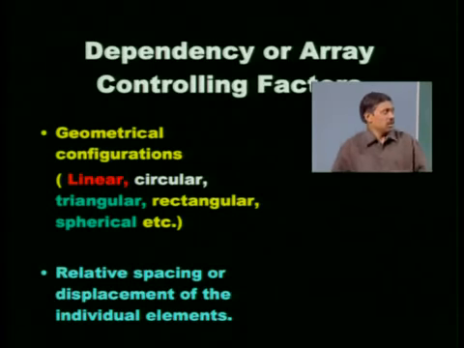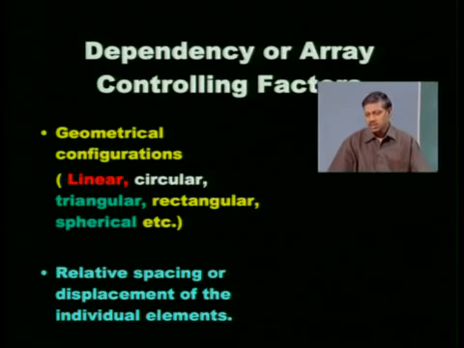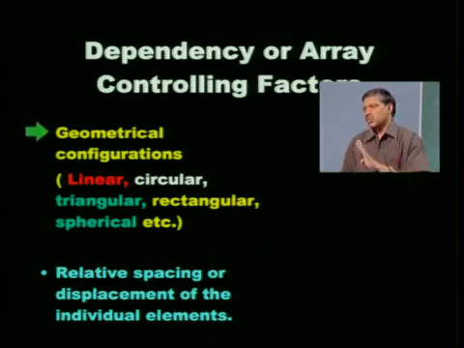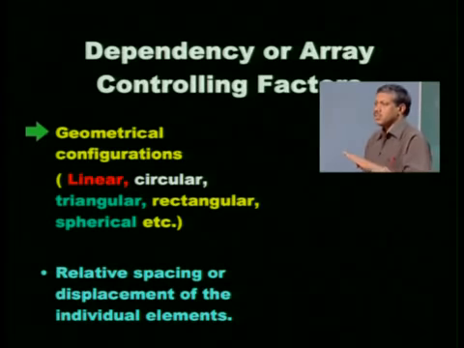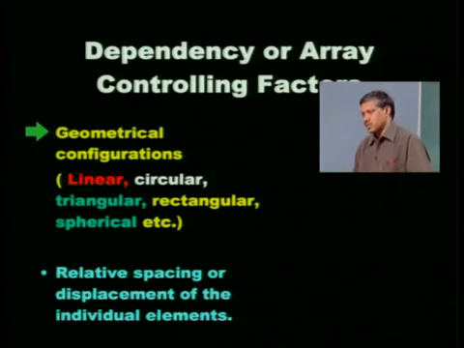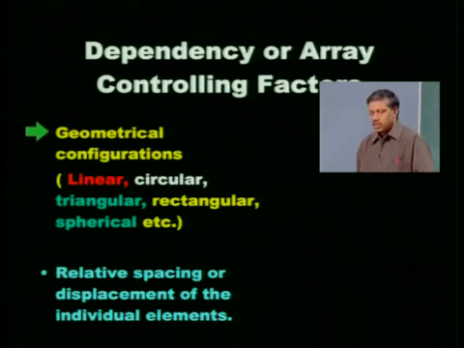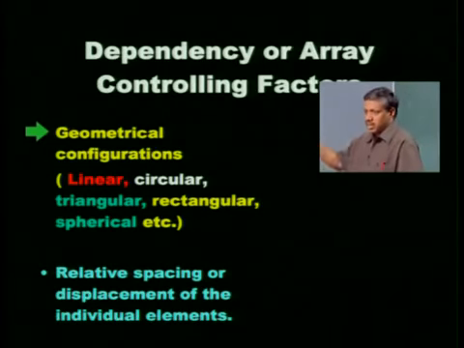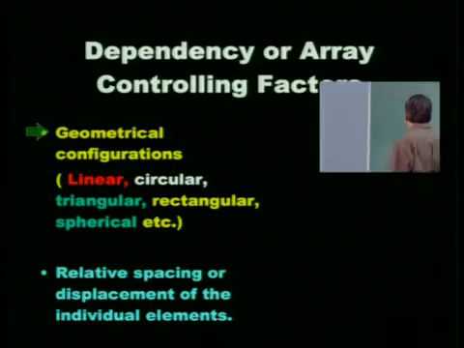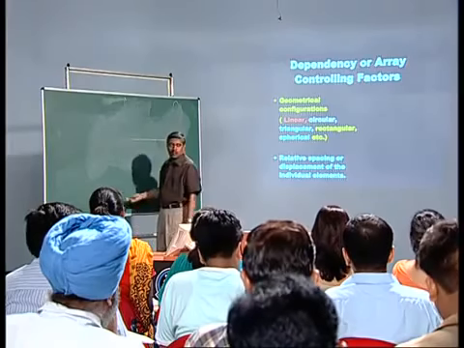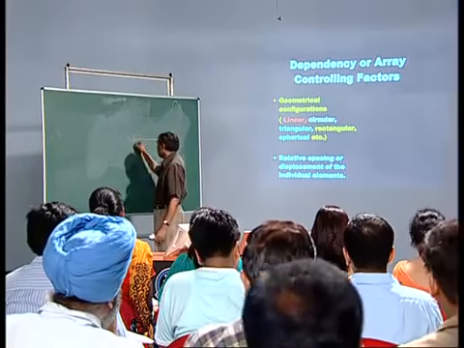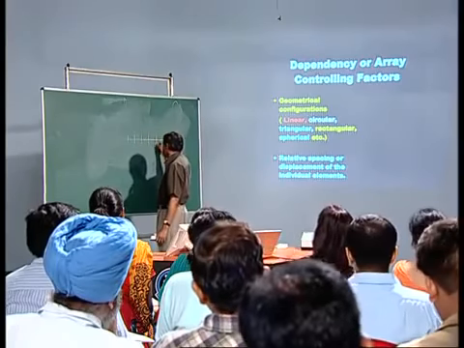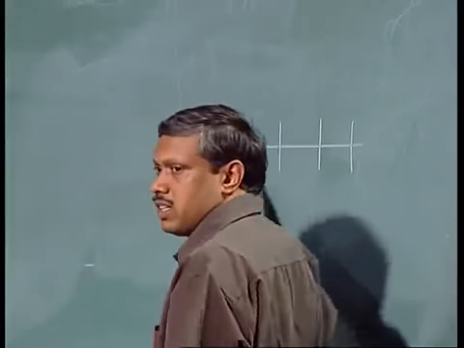So, if you look, the controlling parameters start with the first, the geometrical configuration. If your elements are placed in a straight line, for example, element 1, element 2, element 3, element 4, 5, like that, you are placing the antennas like this.